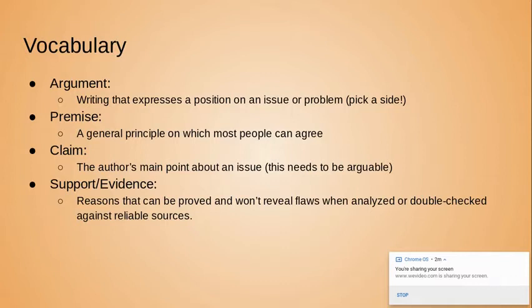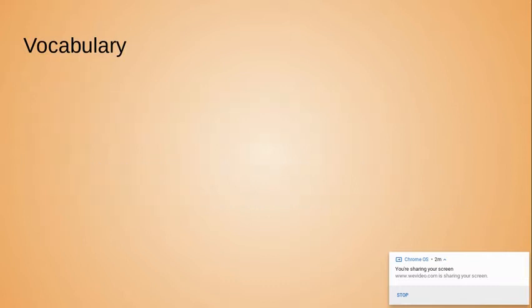So if you're getting your sources from fake news, from opinion pieces, from blogs and things like that, there's a good chance that your evidence and your support is going to be able to be proven wrong. So find evidence and support that when someone else looks up that evidence and support, they're going to go, okay, that's legit.